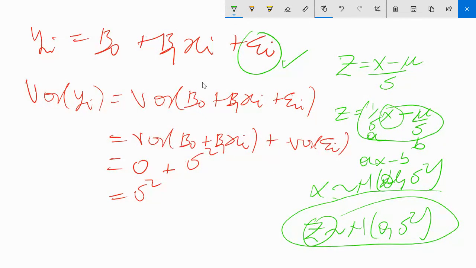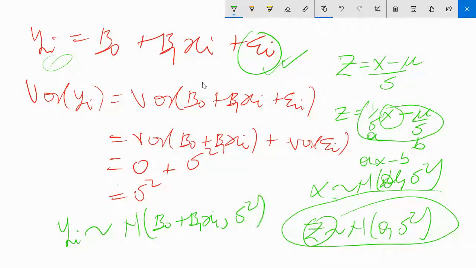Then because yi is a linear function of this variable, which is normally distributed, this one also must be normally distributed. So the yi's are also normally distributed with a mean beta 0 + beta 1 xi, and the variance is sigma squared.